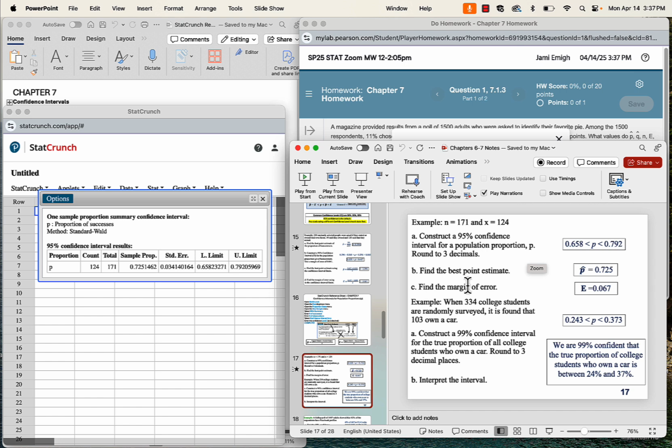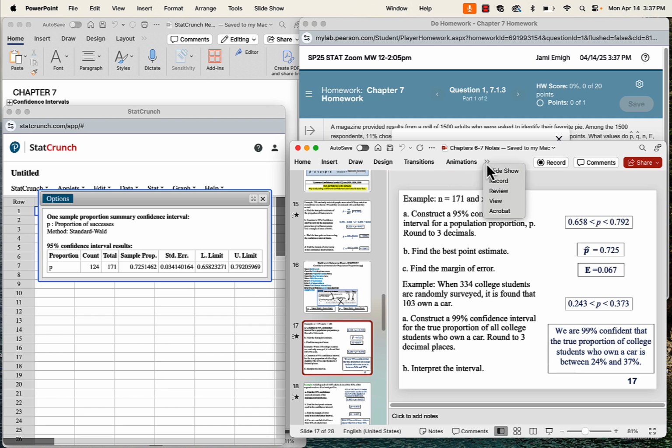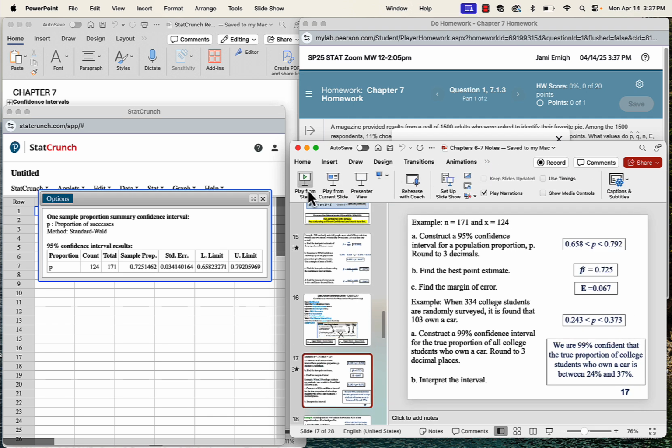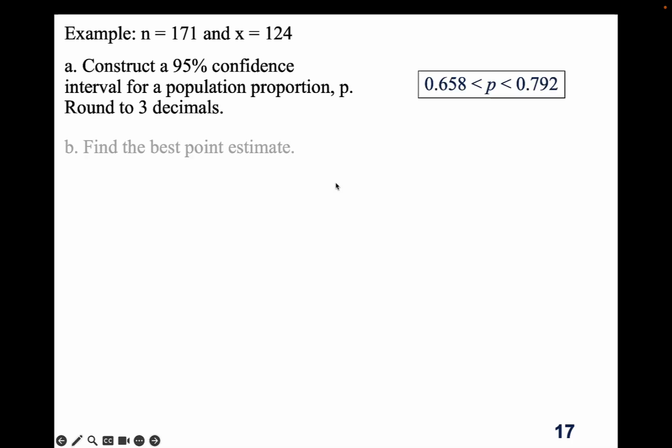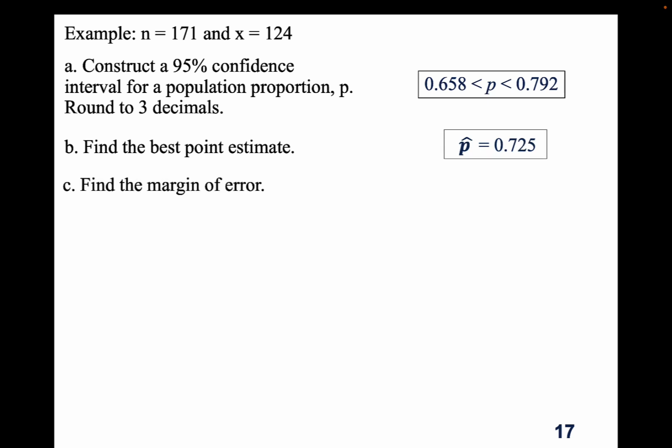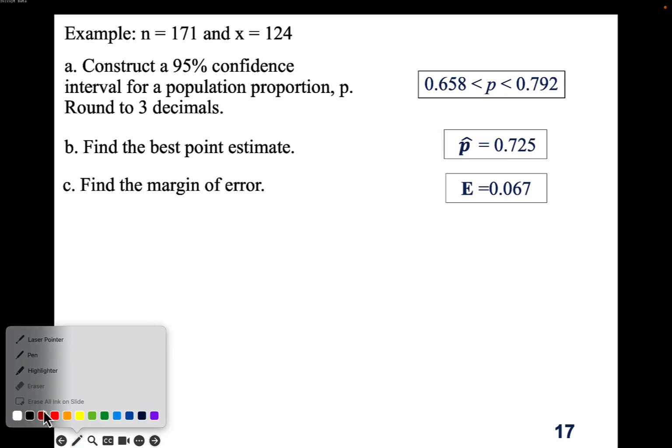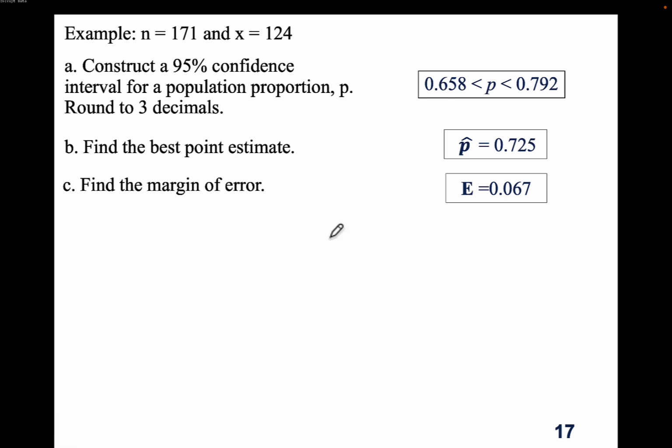And then part C wants to know the margin of error. The margin of error can be found by, pick your calculators up, typing in the upper limit less the lower limit.